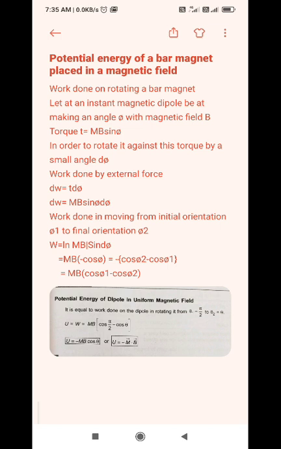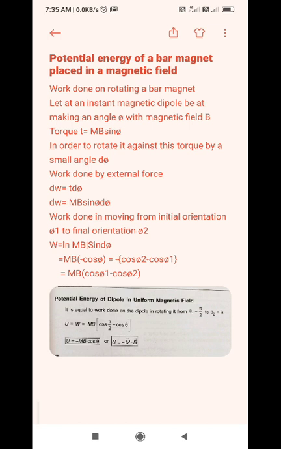So work done in moving from the initial orientation theta 1 to theta 2 can be found by integration of MB sine theta d theta. So it is MB minus cos theta, that is MB into cos theta 1 minus cos theta 2.